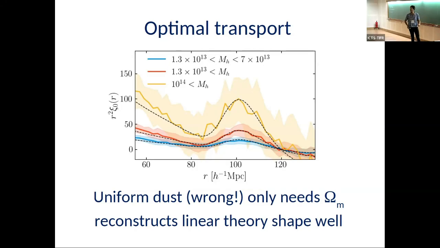Now it reconstructs to the linear theory shape with an amplitude that we can calculate, determined by the halo masses here. So there are no free parameters in this, and it works reasonably well at getting the linear theory shape. But I've already argued that that's kind of the wrong shape to go back to. But if you're in the linear theory game, if what you were fitting was a linear theory template anyway, then this is saying you can assume uniform dust and do this.